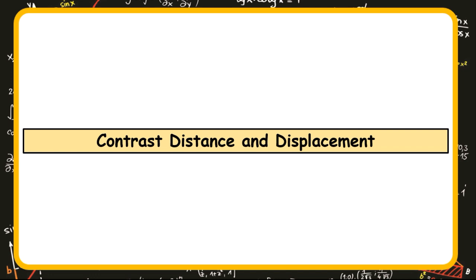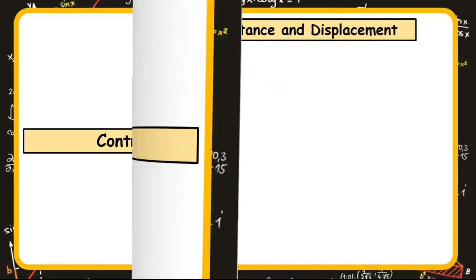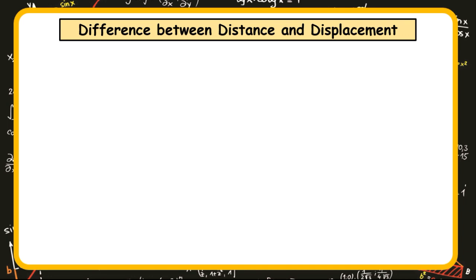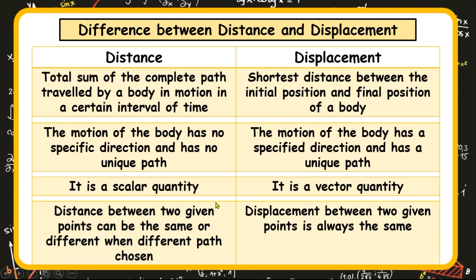distance and displacement. And to contrast means that we're looking for the difference, that sharp difference between distance and that of displacement. So, the first difference between distance and displacement is this. For distance, it is the total sum of the complete path traveled by a body in motion in a certain interval of time.